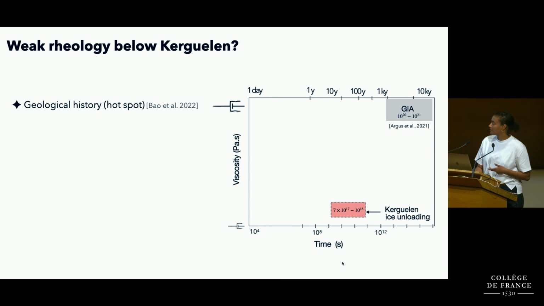And so we can try to replace this in the context of what we know about viscosity of the Earth's mantle. So the Kerguelen viscosity that we constrain with 70 years of ice melting is very low.